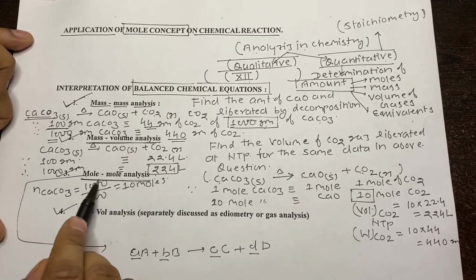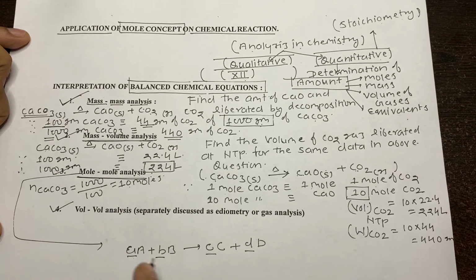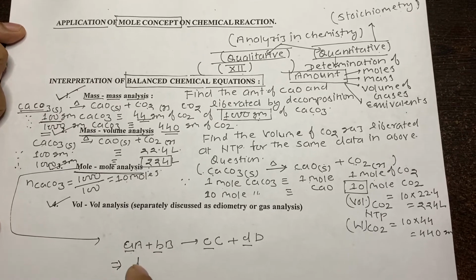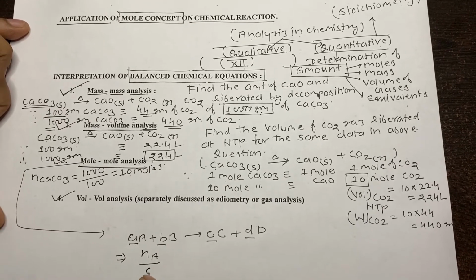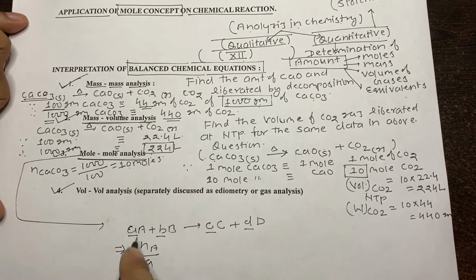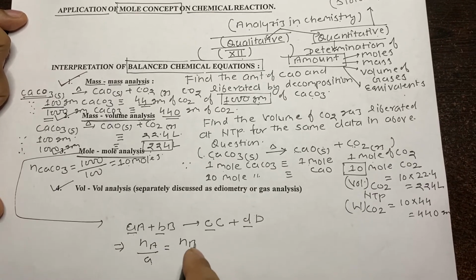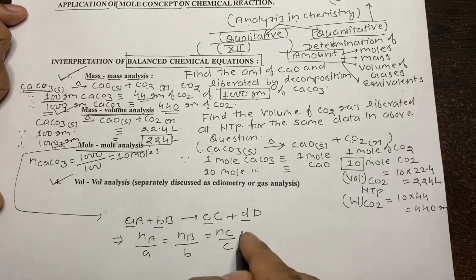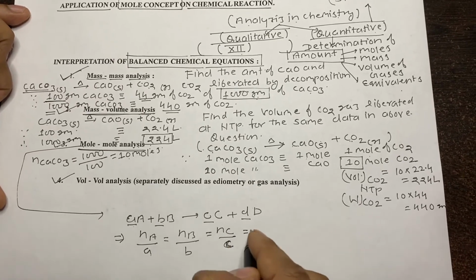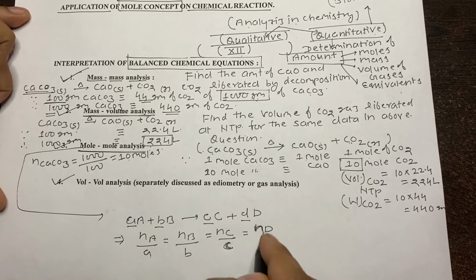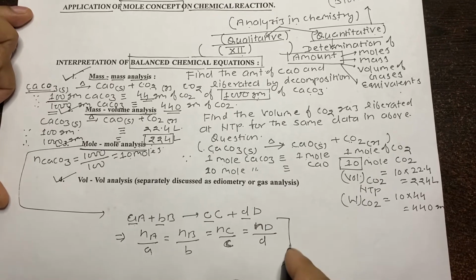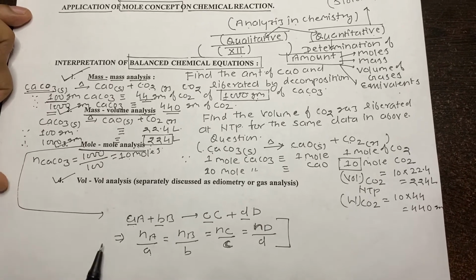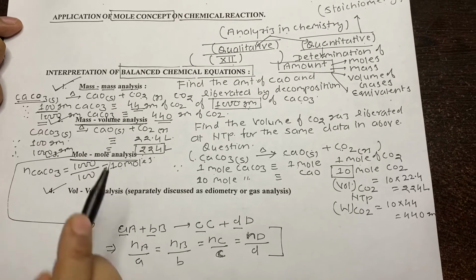Using mole analysis, we can write: moles of A divided by a, moles of B divided by b, moles of C divided by c, and moles of D divided by d. This is the stoichiometric relation using mole analysis.